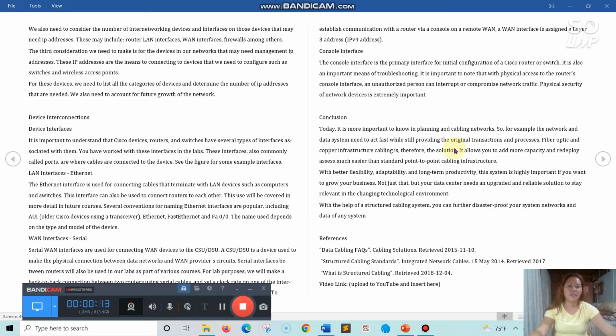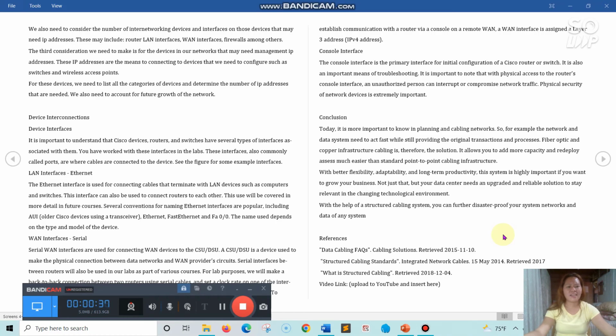Today, it is more important to know about planning and cabling networks. For example, the network and the data system need to act fast while still providing the original transaction and process. Fiber optic and copper infrastructure cabling is therefore the solution.